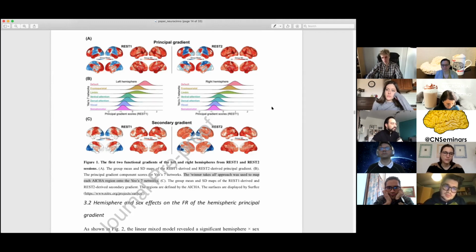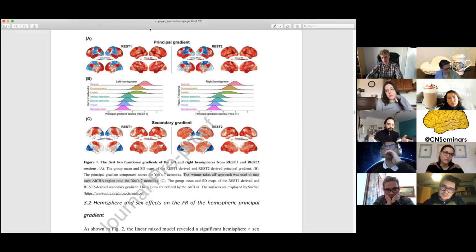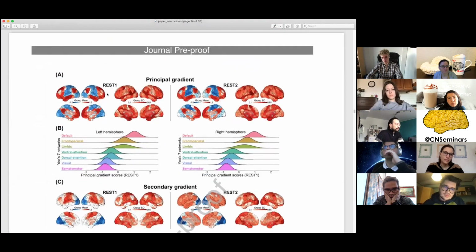You can use diffusion embedding for doing that, and you can embed as many gradients as makes sense. Typically, we're talking about the first two gradients, or even only the first, the principal gradient, because it explains most of the variance. Now, when you do the same, not for the entire brain, but for each hemisphere separately, you get these images here on the left.